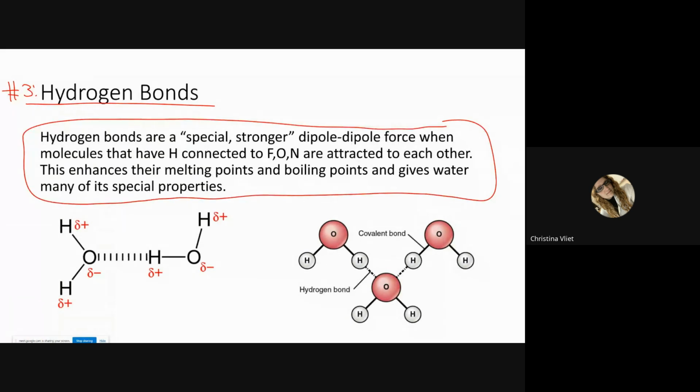And so the requirement for molecules to be attracted by hydrogen bonds is not only does the molecule have to be polar, it also, so I'm going to write polar and, and is underlined, you've got to have a hydrogen connected directly to a fluorine, oxygen, or nitrogen.